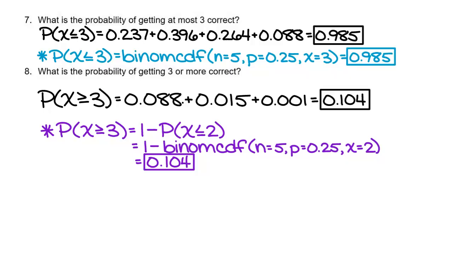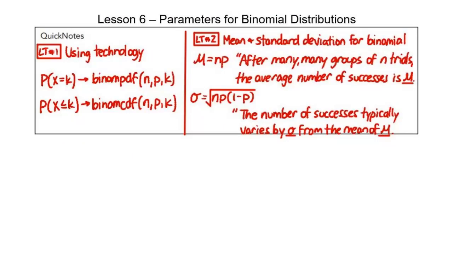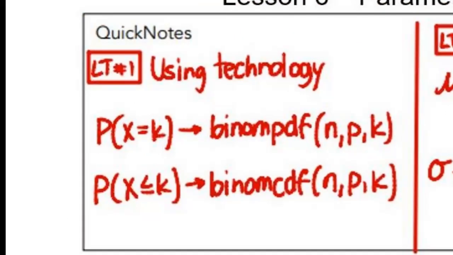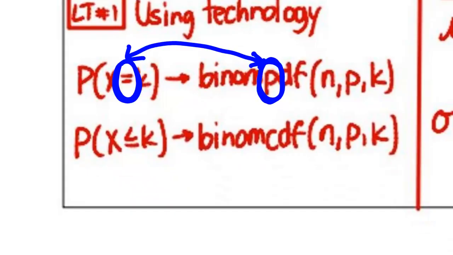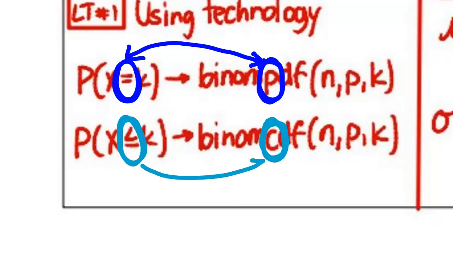Things that we talked about today, though. Using our technology, binom PDF is when we have an equal sign. Binom CDF is specifically whenever we have a less than or equal to.